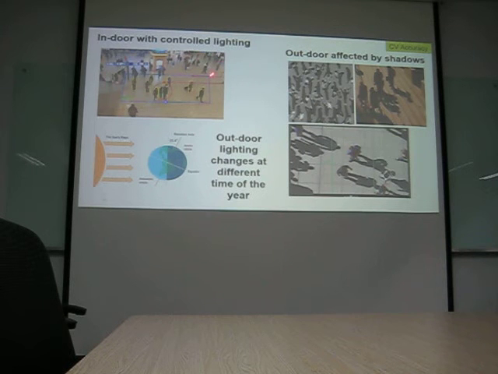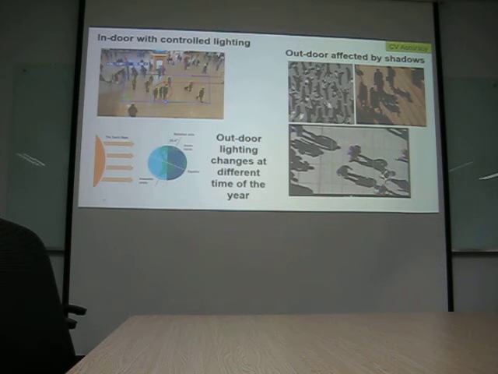So when you count the number of people indoors, this is no problem because you control lighting. But when you put it outdoors, it's all affected by shadowing. Why? The sun is rotating at 23.4 degrees off axis. Our sun from here, so if you are here, it's actually rotating at this axis. That means the shading changes over time.